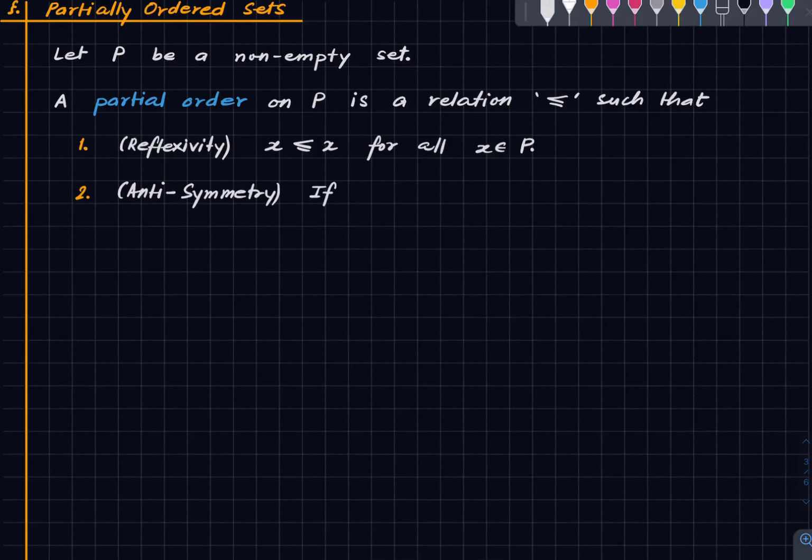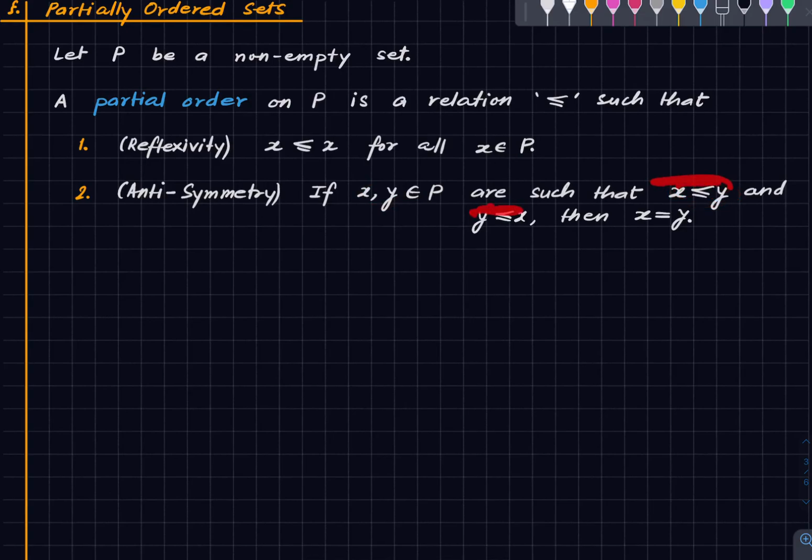If x and y in P are such that x is related to y and y is related to x, right, this is what we saw in the context of integers also. If you have two elements in P such that they are both related to each other, then they are actually equal.